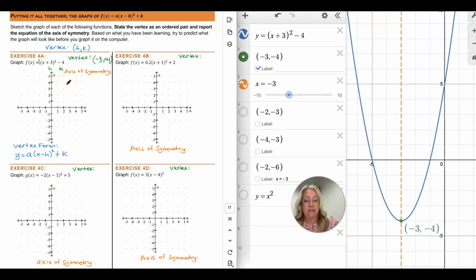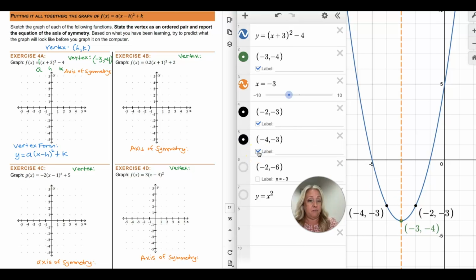So our a is 1. And so that's telling us that we can look at our graph, and if we went up 1 and right 1, we'd get to that point. And if we went up 1 and left 1, we'd also find another point on the graph.